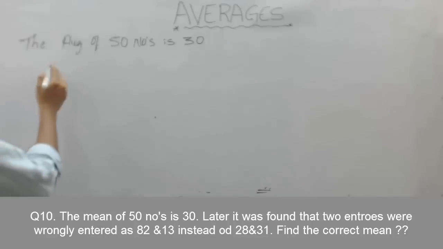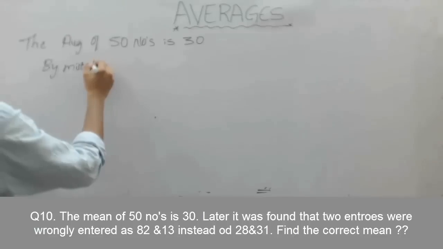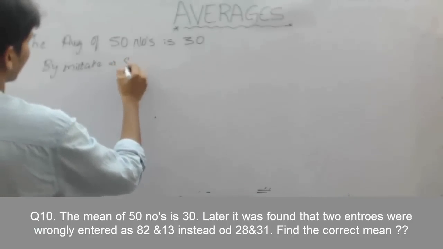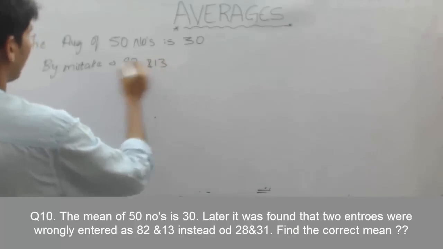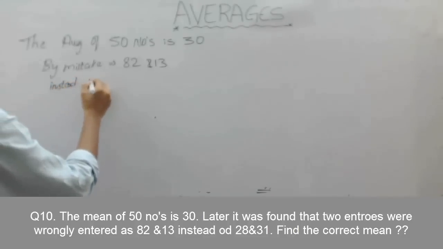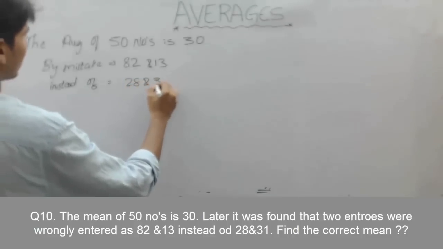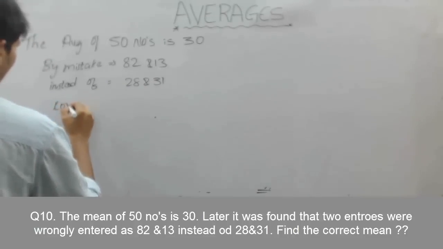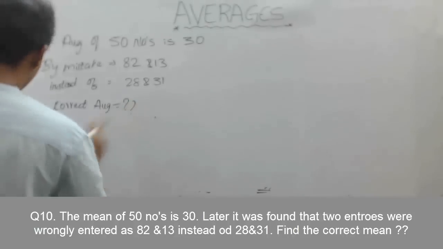And he has said that by mistake, they took the two numbers as 28 and 13 instead of 28 and 31. So now you need to find the correct average.